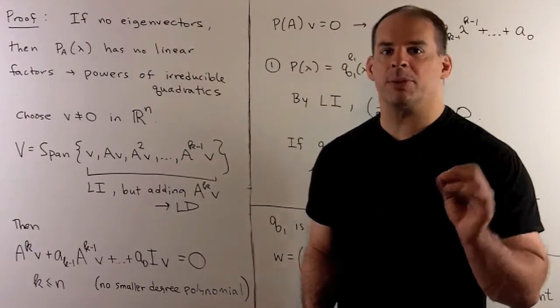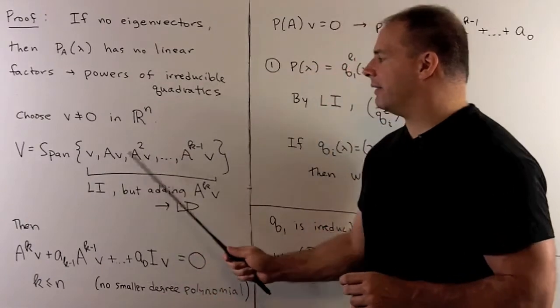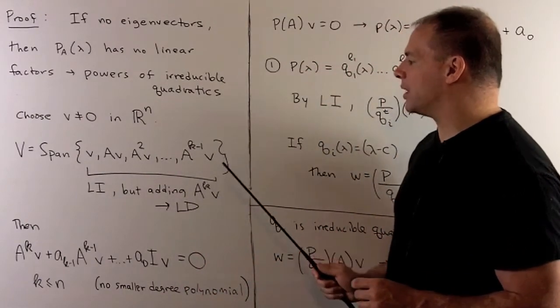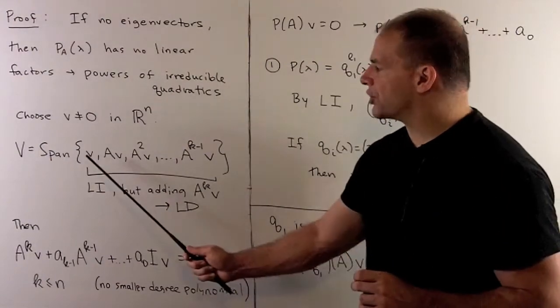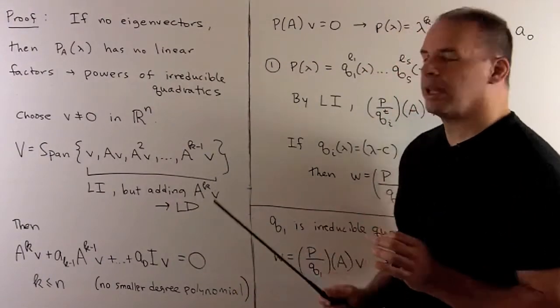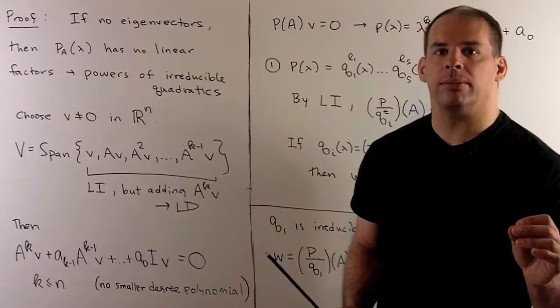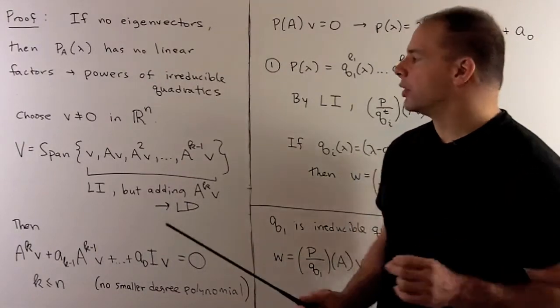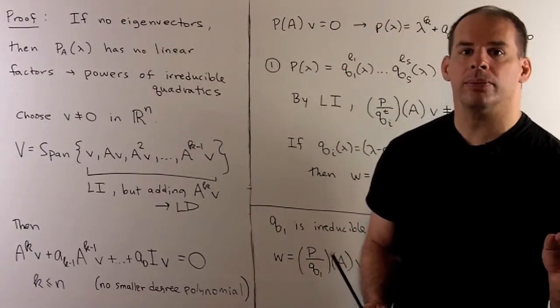We'll form the invariant subspace, capital V, equal to the span of v, Av, A squared v, up to A^(k-1) v, where I choose k such that our set is linearly independent, but if we add A^k v, we get a linearly dependent set. Now, because we're working in Rn, that means k is less than or equal to n.